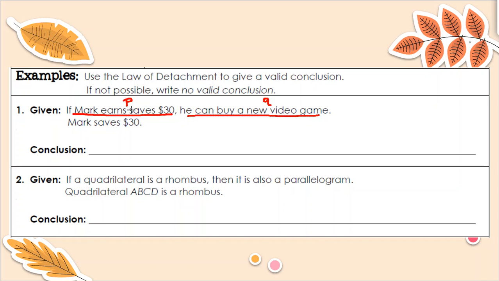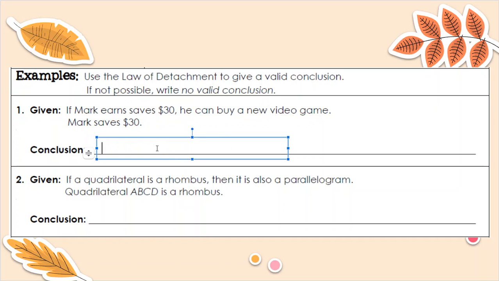I'm going to assume that means the same thing. Since we have been given P, our conclusion is therefore Q, which we might want to write out: he can buy a new video game.